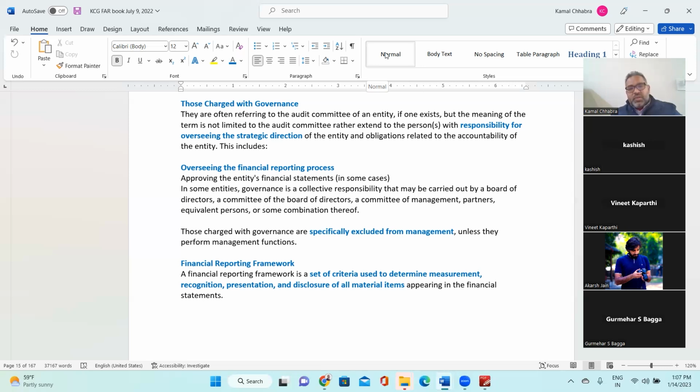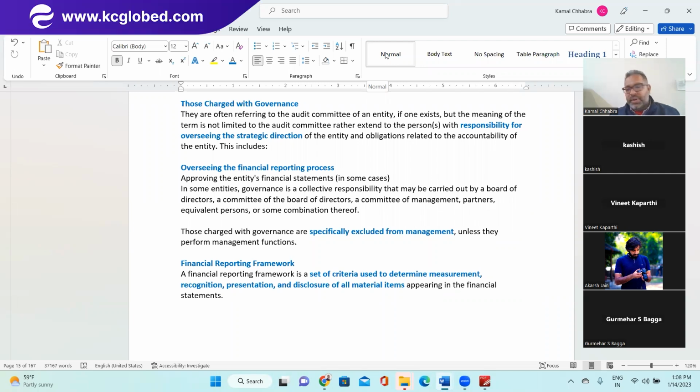Those shareholders appoint the board of directors and managing directors, and they further appoint the CEO, CFO, finance controller, head of the accounts, head of the business, head of sales, head of marketing, presidents, vice presidents, all those people.